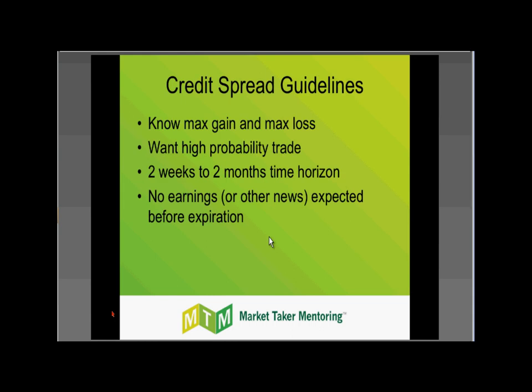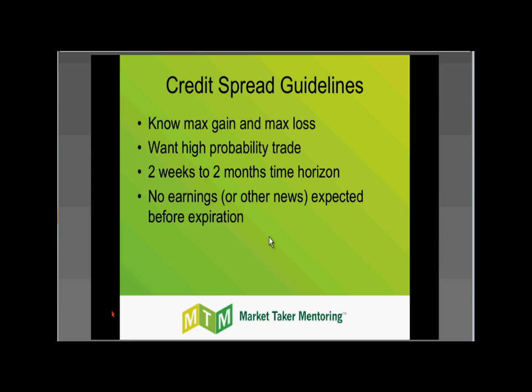Now, here are some guidelines that'll take you far, whether you're trading credit spreads or any option position for that matter. Always know your max gain and max loss. Here with credit spreads, you can only make what you collect when you trade the spread, and your loss is also limited. Know what that is?